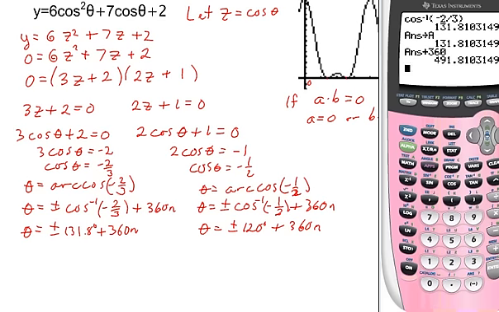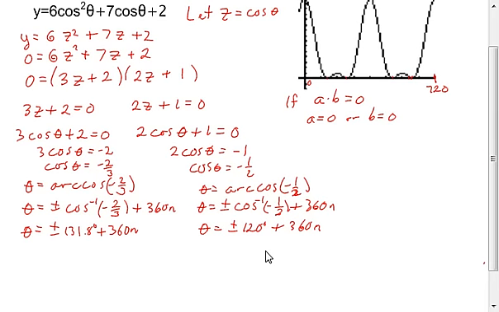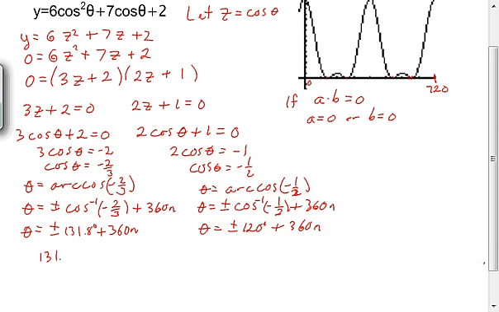If I add 360 to that, too big. Okay, so from the plus 131.8, I got 131.8 and 491.8. I'm going to write those down. 131.8, and I hope the other one was 491.8. So that's 2 of them.